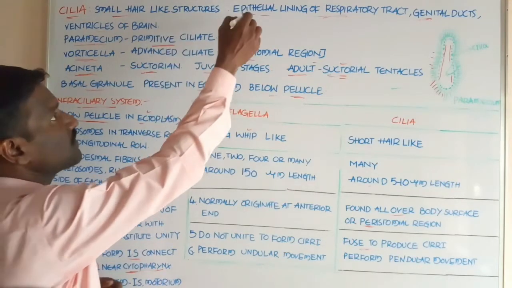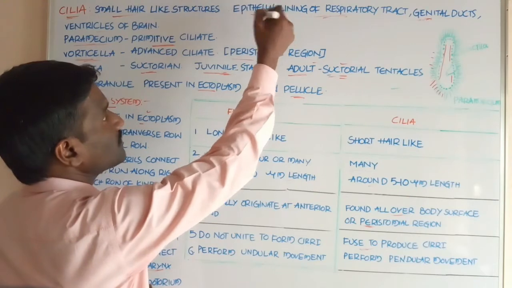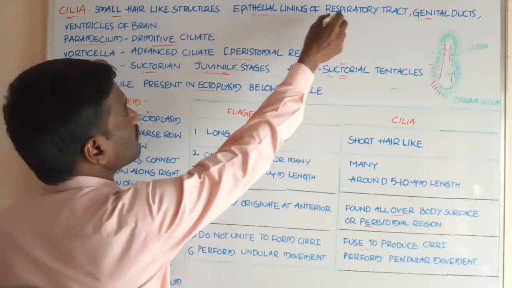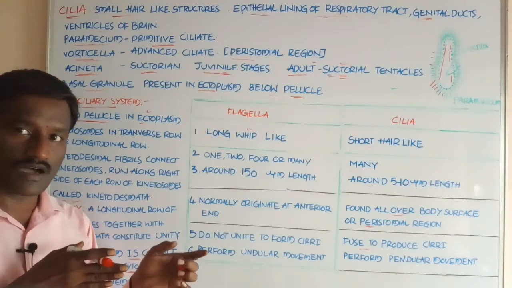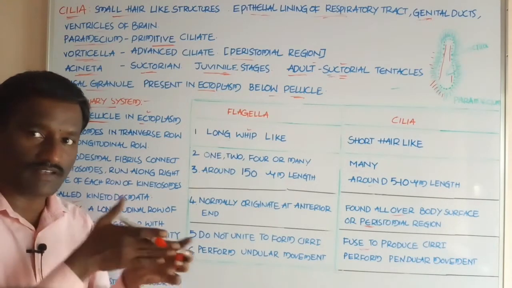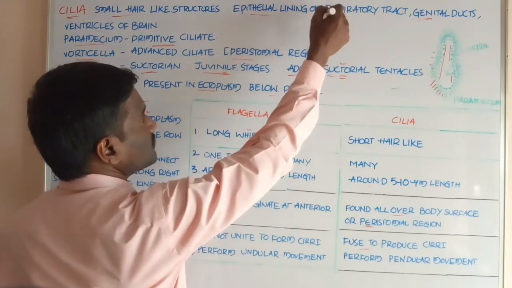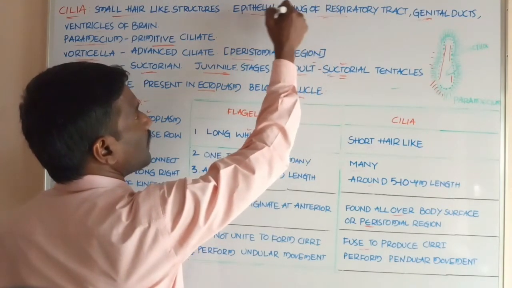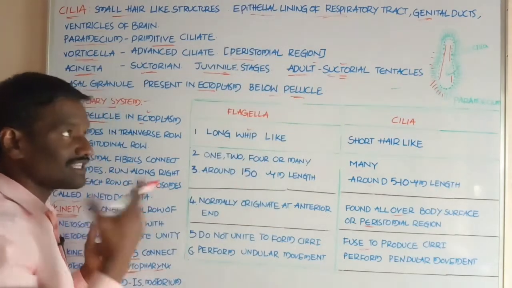If you observe higher metazoans, highly developed, highly organized animals, the epithelial lining of the respiratory tract, meaning the way for passage of the gases, also shows cilia.